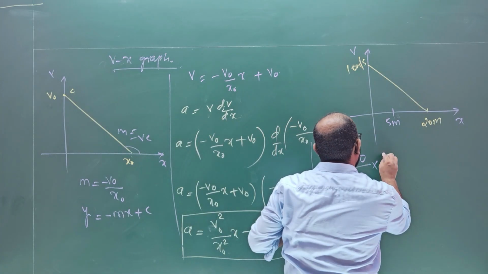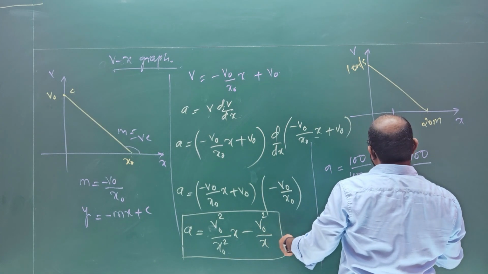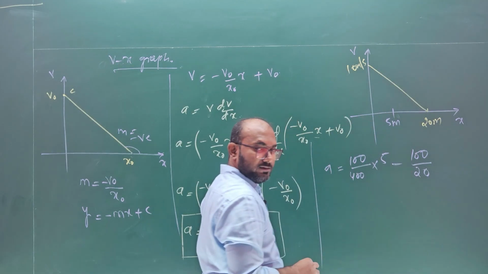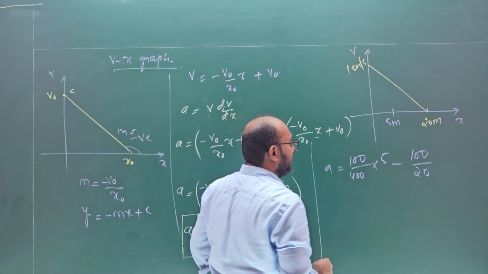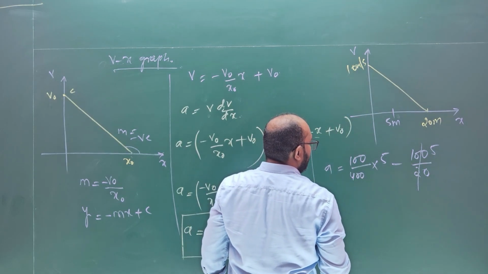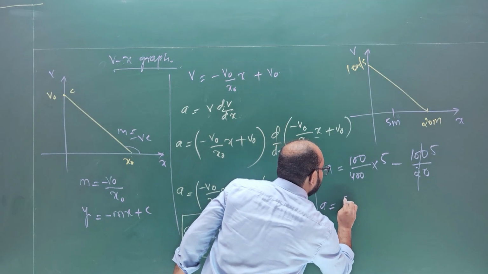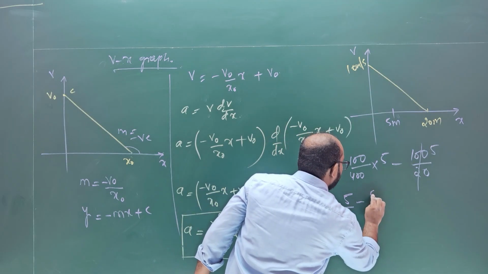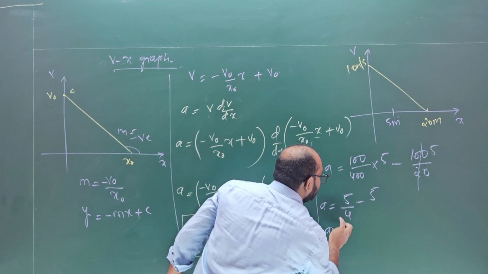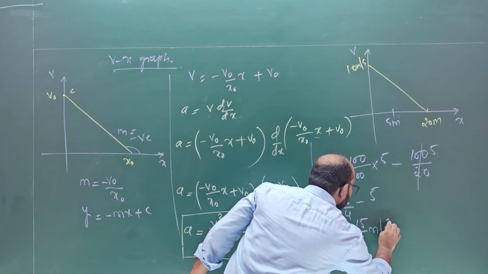So the value is 5, minus v naught square upon x naught, again 100 upon 20. Can I write like this? And cancelling that, this becomes 5 by 4. So acceleration is 5 by 4 minus 5, that is 5 minus 20, which is minus 15 upon 4 meter per square second.